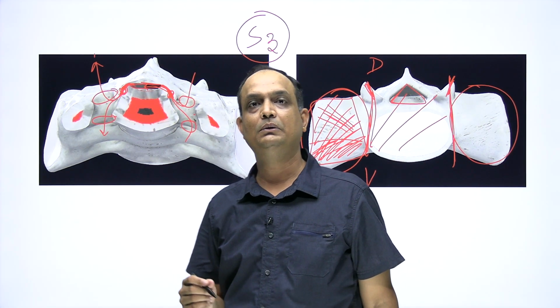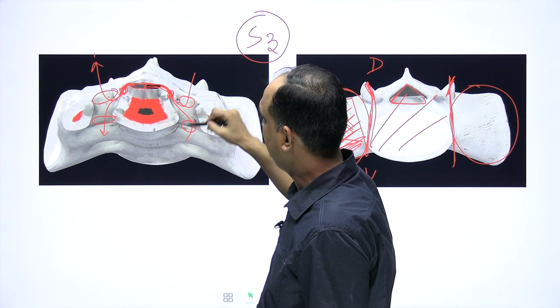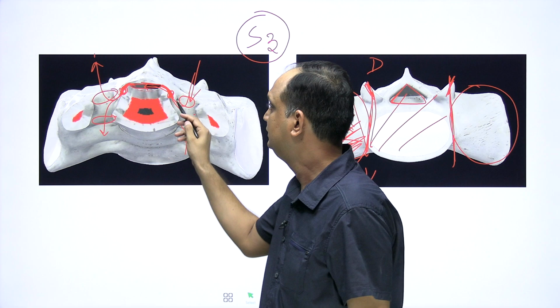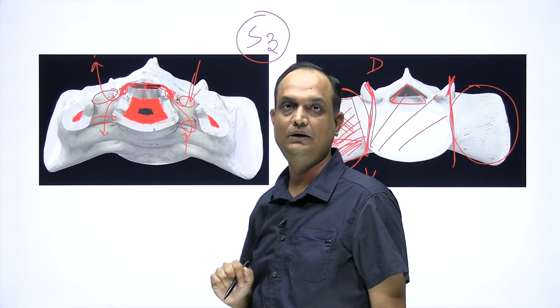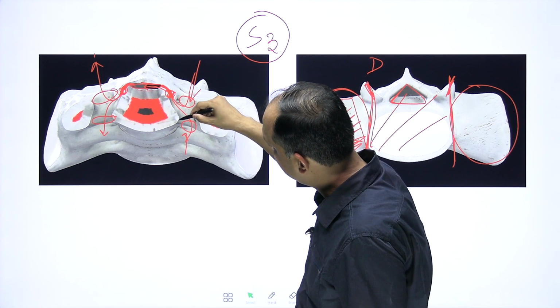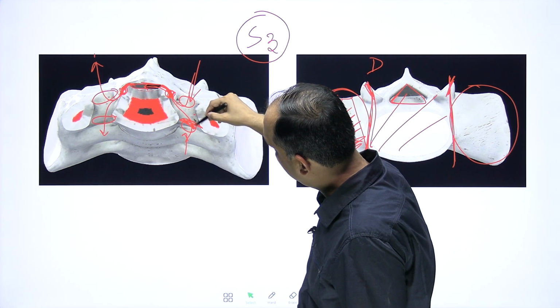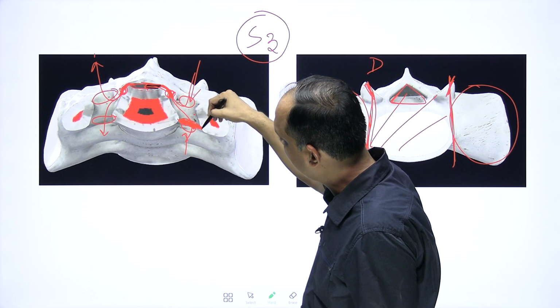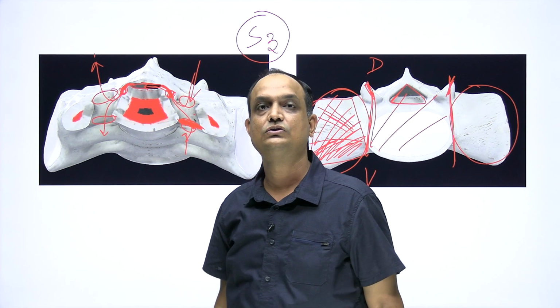Clear? What you are able to see on the outer surface? Ventral and dorsal sacral foramina, not the intervertebral foramen. Clear? And here you have to understand that this anterior bar between the adjacent ventral sacral foramina is represented by the costal elements.